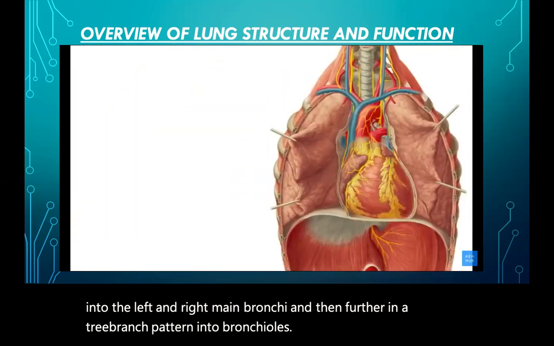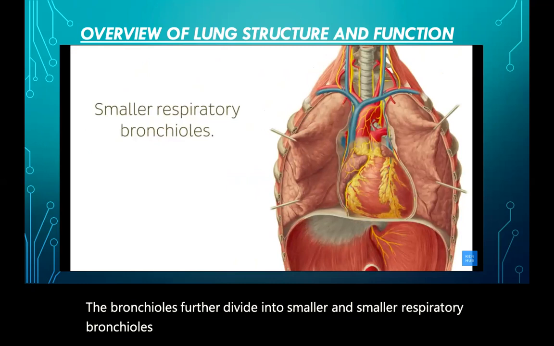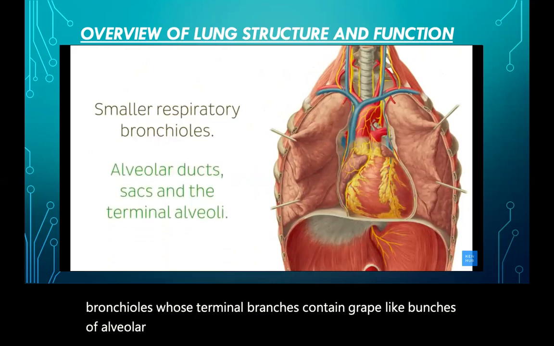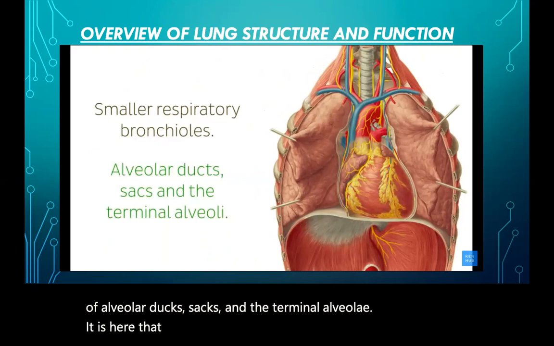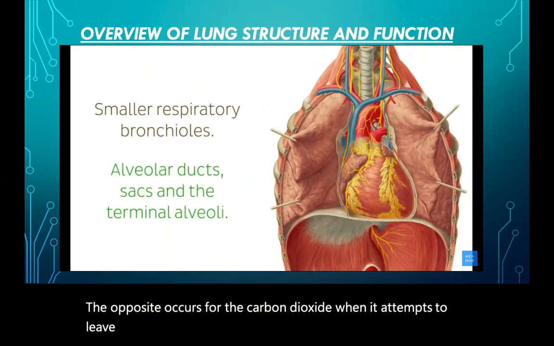The bronchioles further divide into smaller and smaller respiratory bronchioles, whose terminal branches contain grape-like bunches of alveolar ducts, sacs, and the terminal alveoli. It is here that the oxygen in the air cells diffuses into the blood. The opposite occurs for the carbon dioxide when it attempts to leave the hemoglobin molecules in the erythrocytes and travel back out of the body via exhalation.